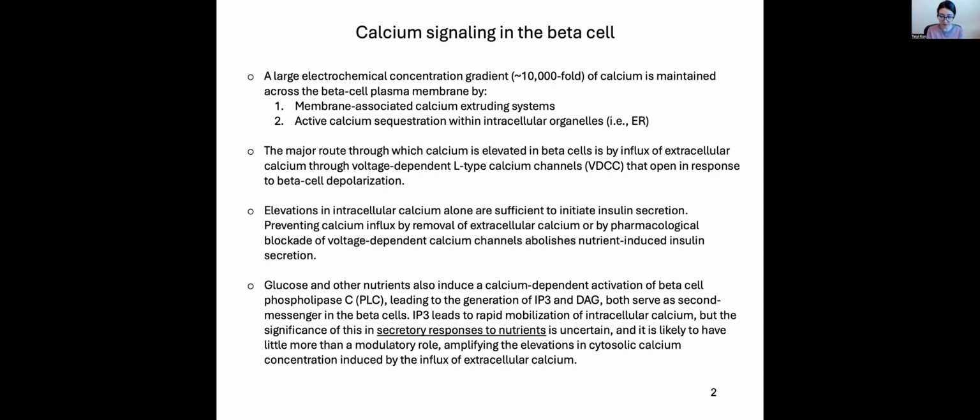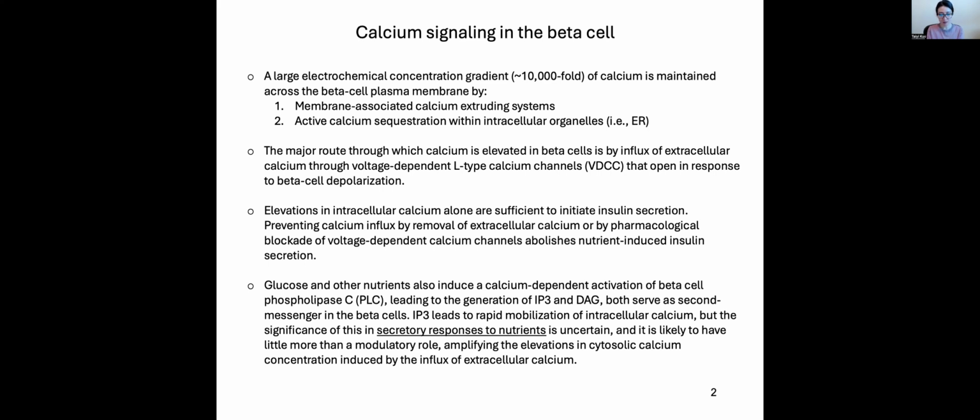However, the significance of the mobilization of this intracellular calcium in the secretory response to nutrient is uncertain, meaning it is not likely to have more than just a modulatory role for insulin secretion.